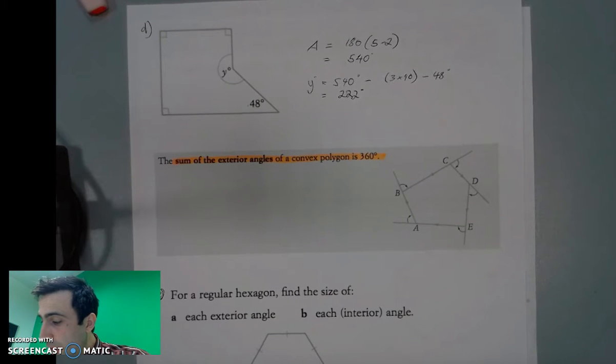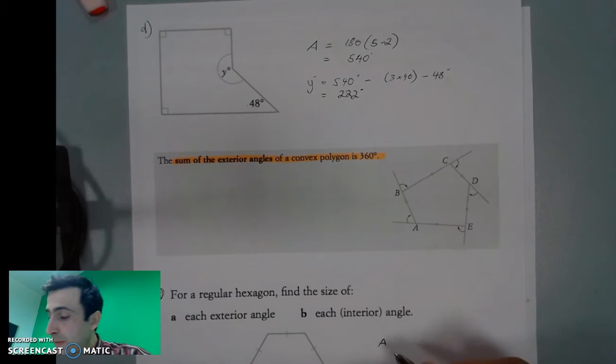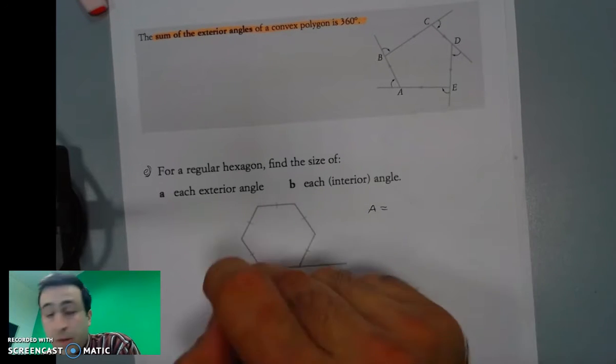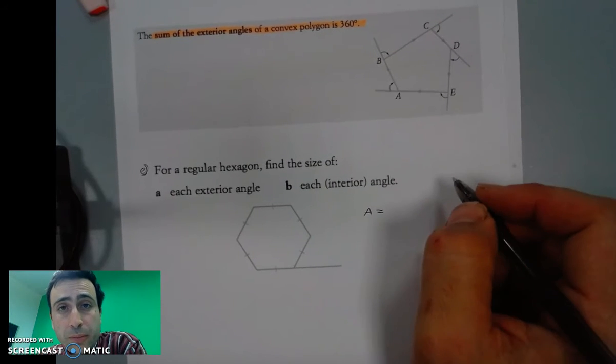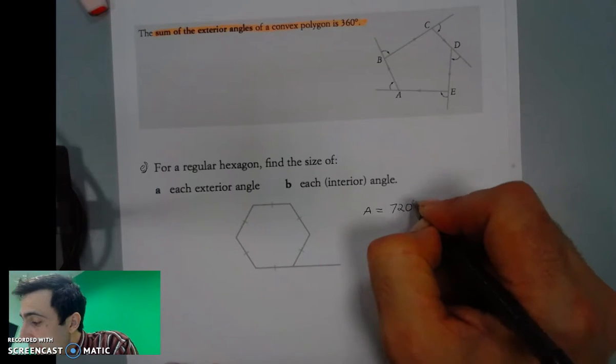And so, for a regular hexagon, find the size of each exterior angle and find the size of each interior angle. Now, we already established in the earlier questions that the angle sum of a hexagon, and we can work it out, but we already established that the angle sum of a hexagon adds up to 720 degrees.